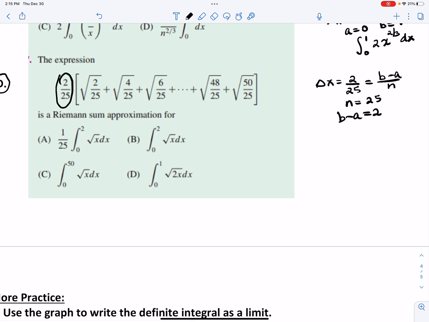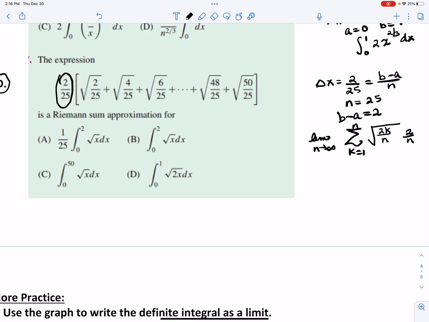All right. And if we try to rewrite this in sigma notation, we get the limit as n increases without bound of the summation from k equals 1 to n, but here n happened to be 25, but I'm going to leave that out, of 2 over n times things that look like this, the square root of twice k, because they're even, divided by n.